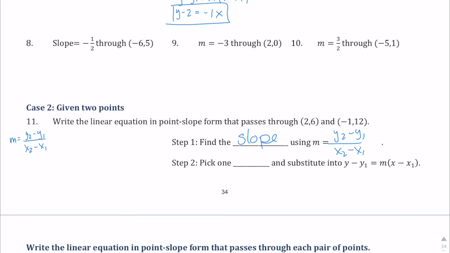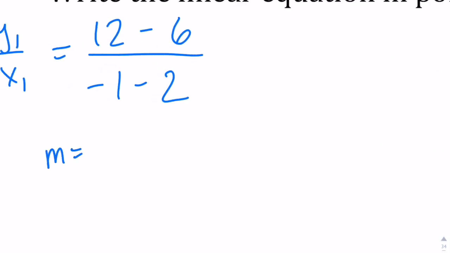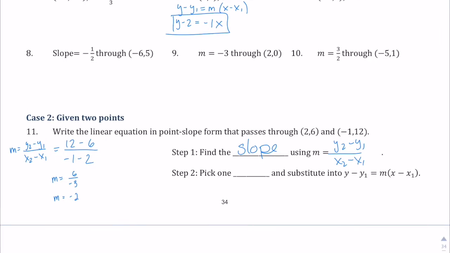All right, we've got on the top 12 minus 6 over negative 1 minus 2. All right, so that gives us that m is equal to 6 over negative 3, or m is equal to negative 2. Great, but then we still have to continue on to write the equation.